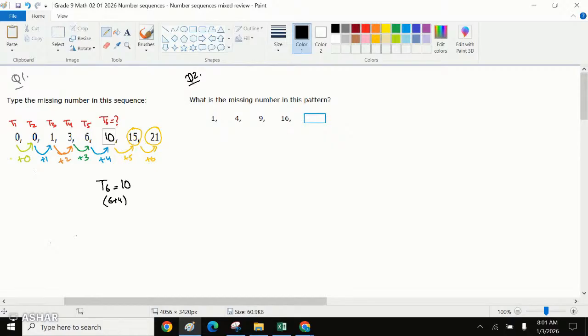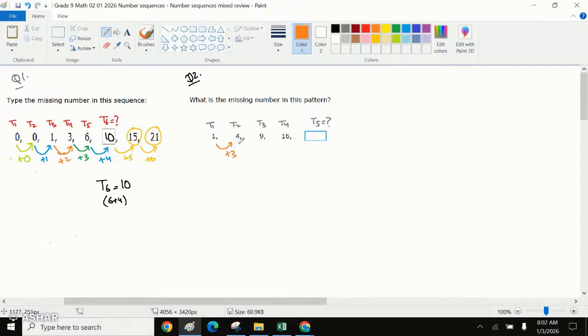Let's write down the term numbers first: term number one, term number two, term number three, term four, and we need to find term number five. If these terms are given to us, let's look at addition.